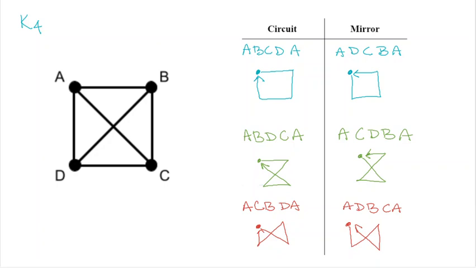And we can go in 2 different directions for all of those circuits. So these are our 6 distinct Hamilton circuits for K4.